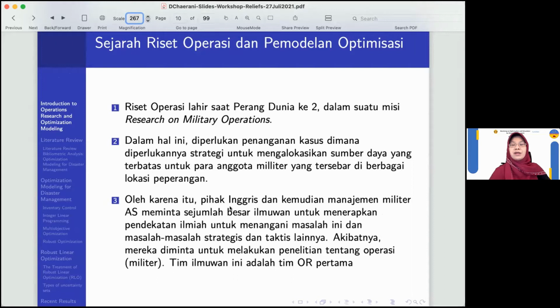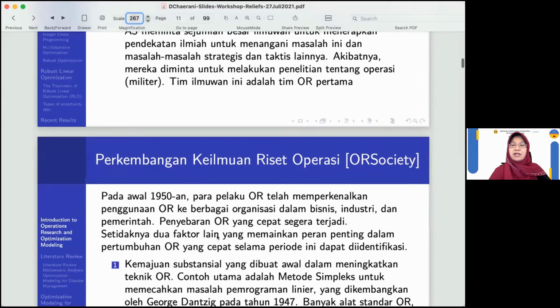At that time, the U.S. Army needed to send their rations to support the army on the field. The question is, how can we fulfill all of the demands given the challenges that existed? And in England, there was also an approach due to tactical strategy.